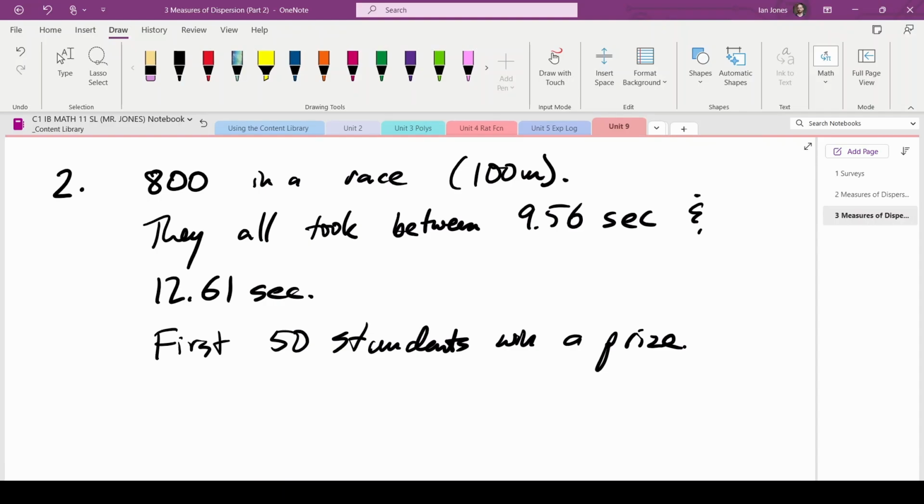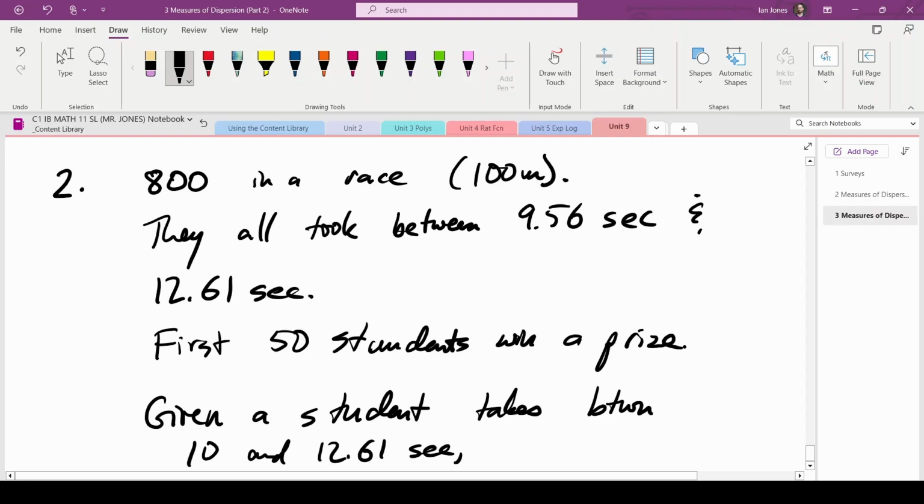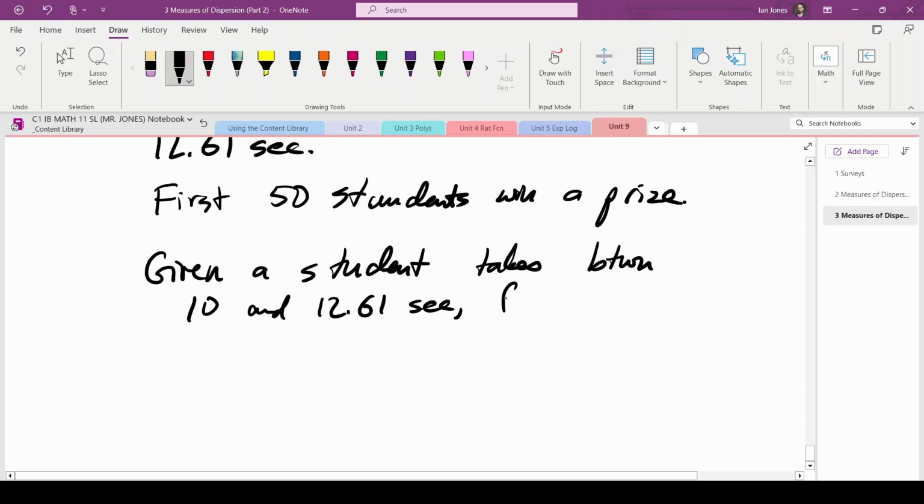Given that a student takes between 10 and 12.61 seconds, find the probability that they won a prize.